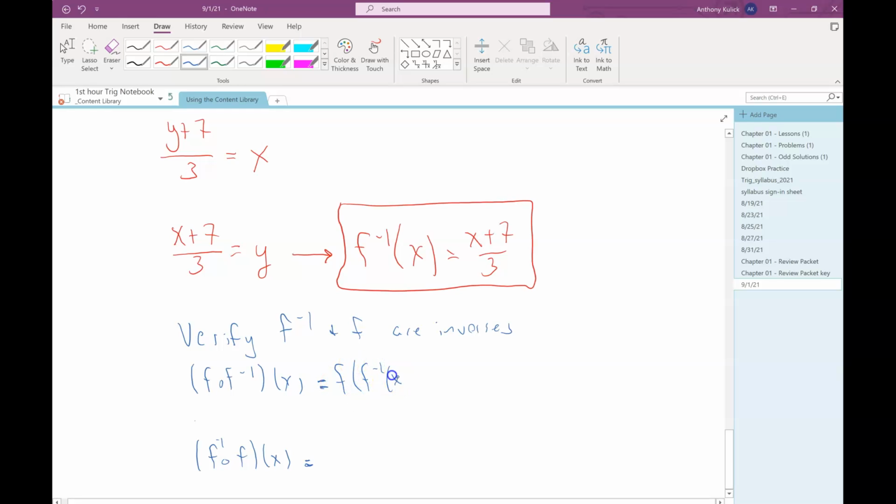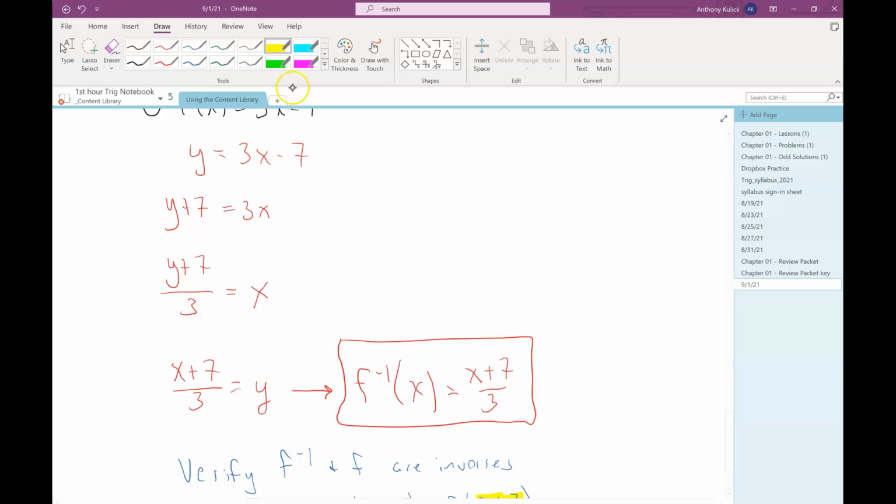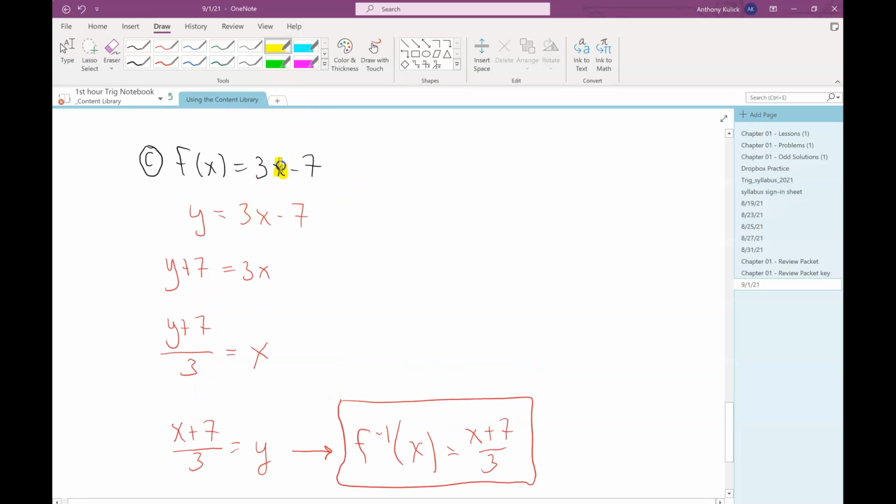So our definition of composition says that f compose f inverse is f of f inverse. We found above that f inverse was x plus 7 over 3. So we're going to plug x plus 7 over 3 into f.